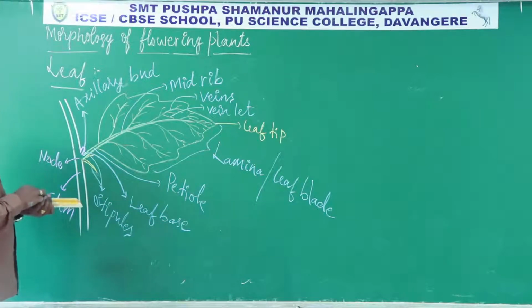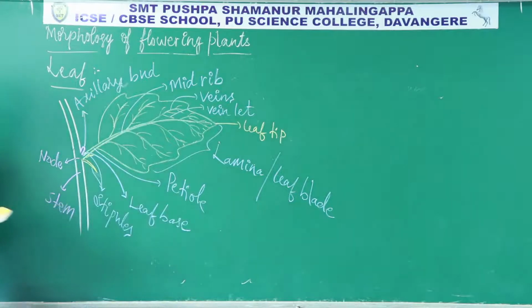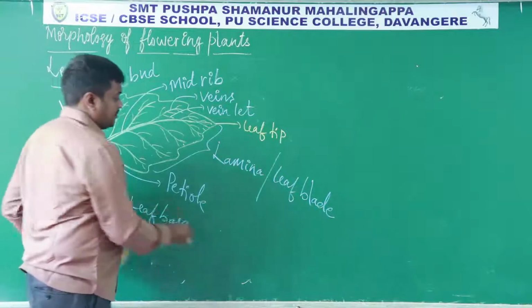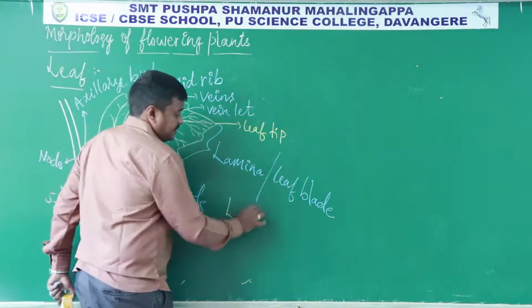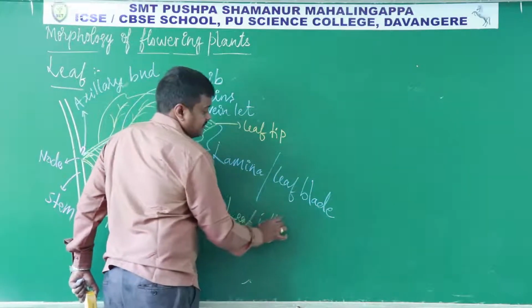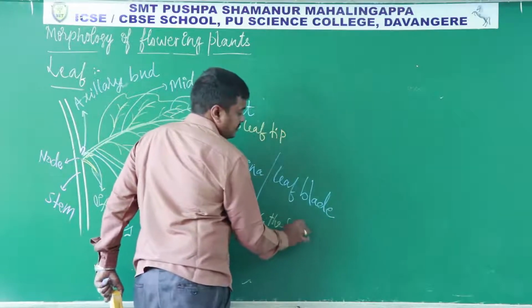Since it is green in color, it performs photosynthesis. That is a major function. So the leaf is the site of photosynthesis.